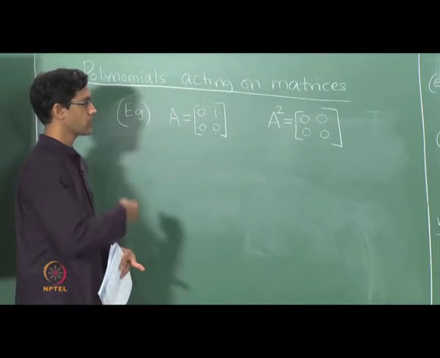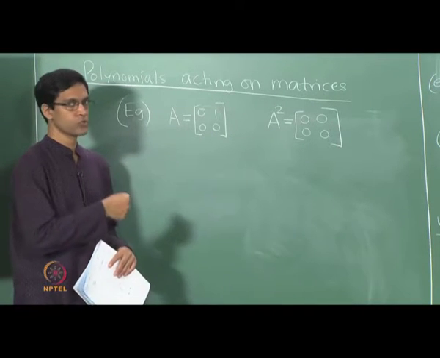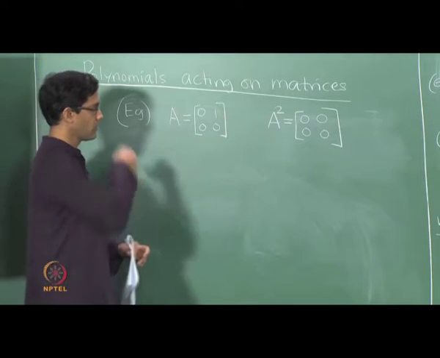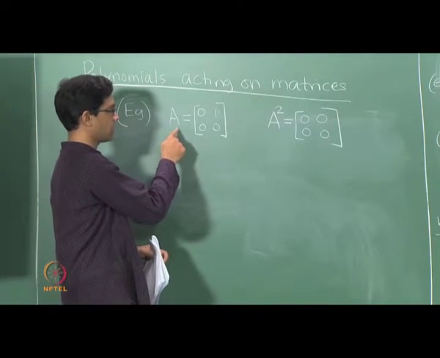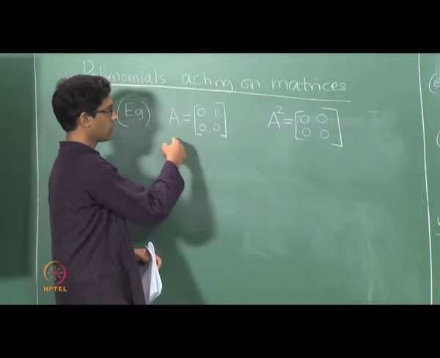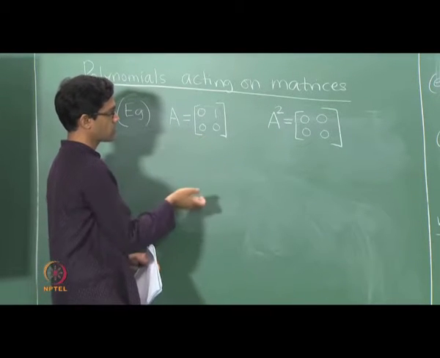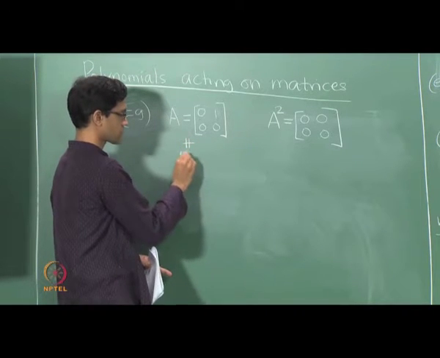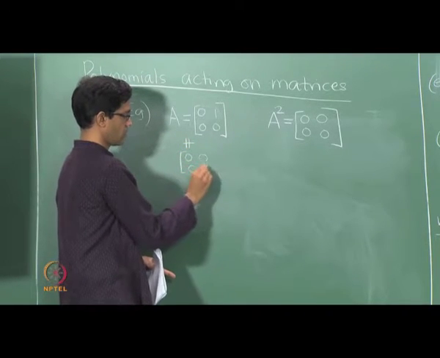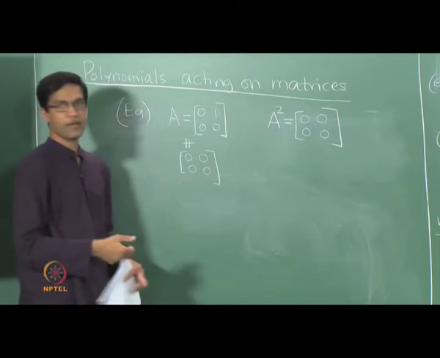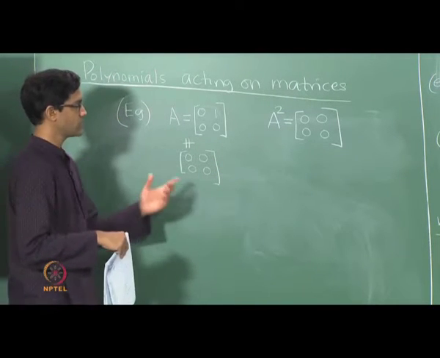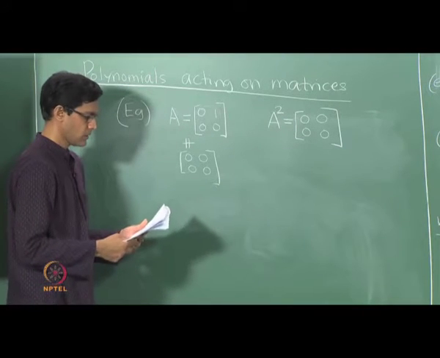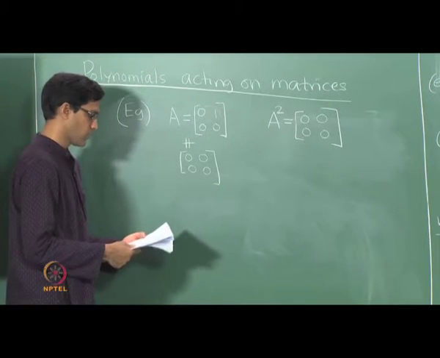So this is somewhat counterintuitive to what one is used to when we take squares of real numbers. If A were instead a real number which is not 0, so observe A here is not the 0 matrix, so A is clearly a non-zero matrix, but the square of A nevertheless could be 0.